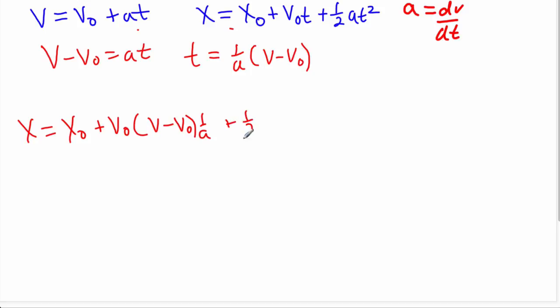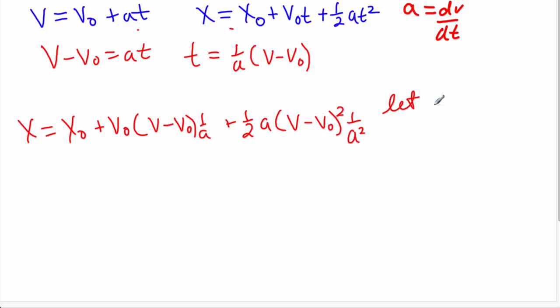And then plus 1/2 a, and the t squared is now (v minus v naught) squared, and again, we don't want to leave out the 1 over a squared. Now would be a good time to point out, you certainly don't have to do this, but one of the most common ways to see this is the expression for distance.